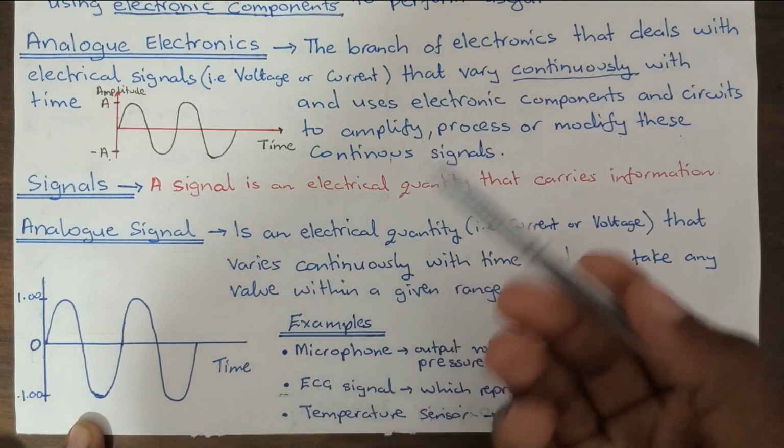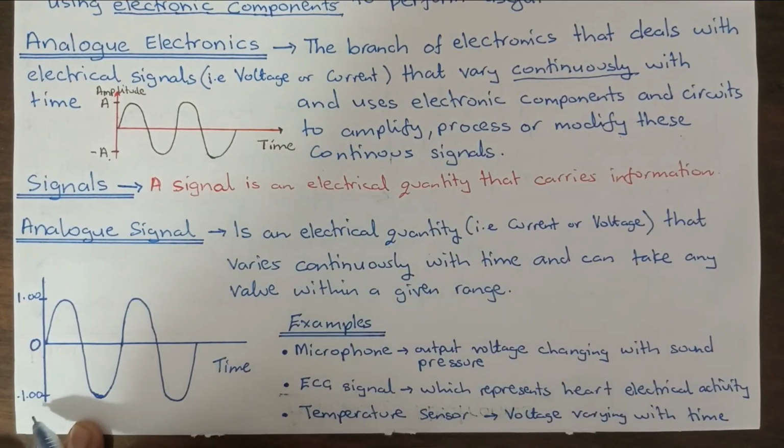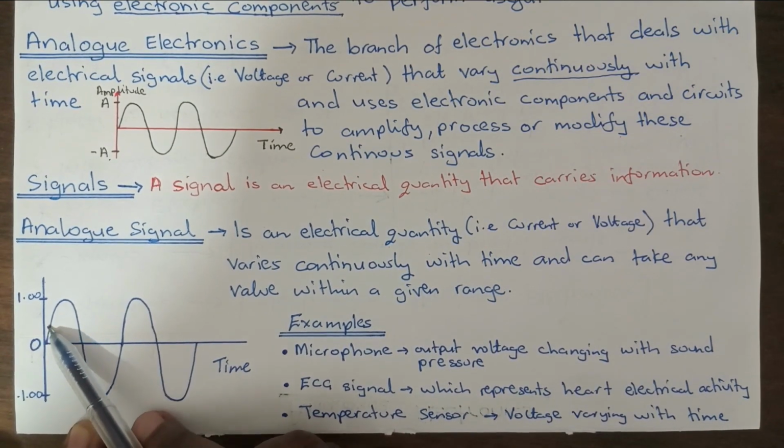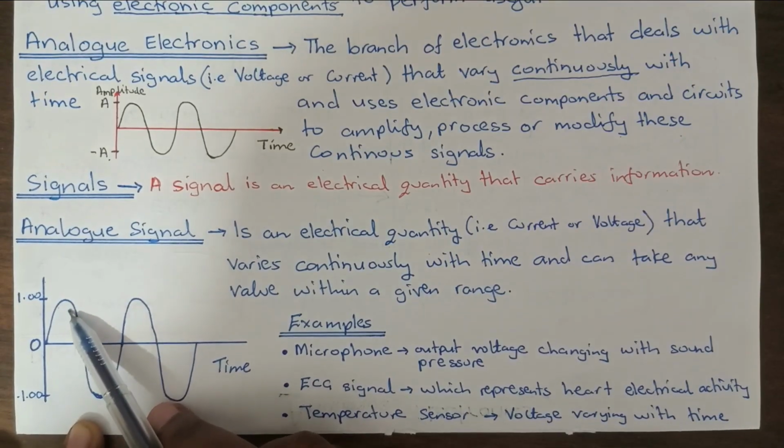Let's say in amperes, negative 1 ampere or 1 ampere. This current is varying from 0, it goes to 1, it comes back to 0, it goes to negative 1, it goes back to 0, it comes again to 1, and continuously. So you can see that as time is changing, the amplitude of this alternating current is also changing.